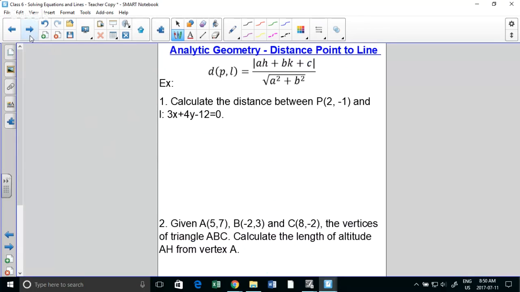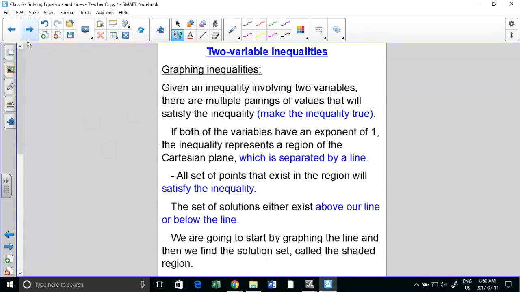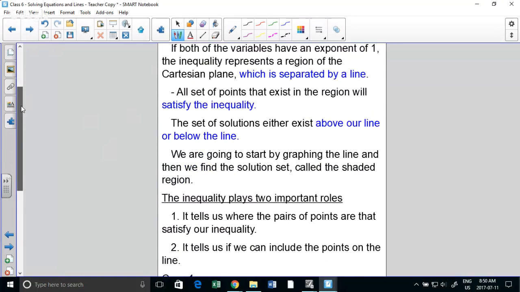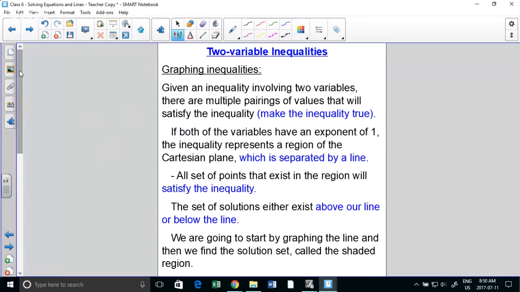Okay. So we'll continue. We're going to talk about half planes and graphing inequalities. The blue part is something that you have to copy down.